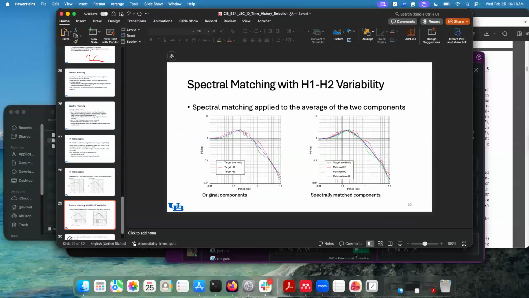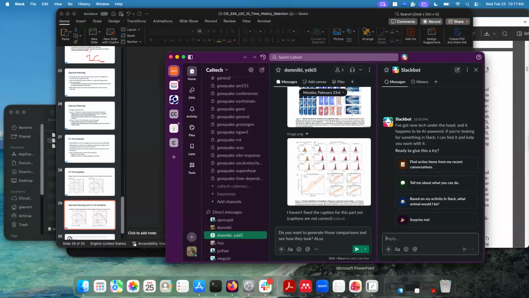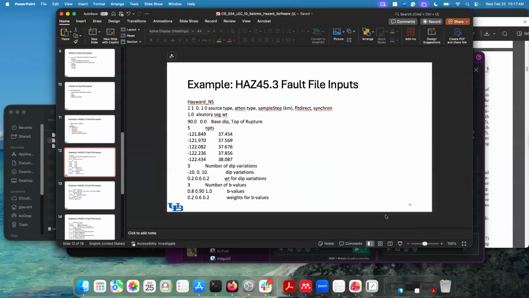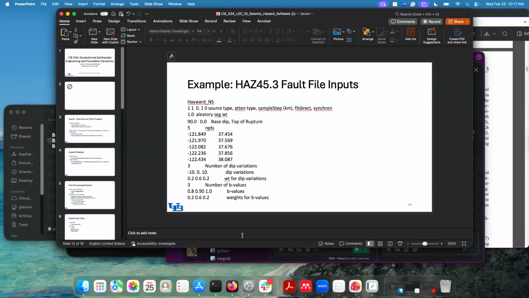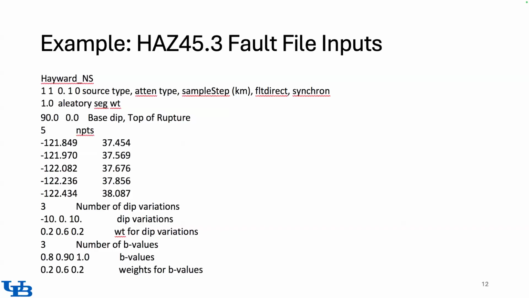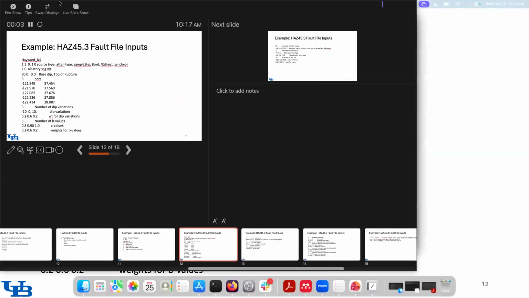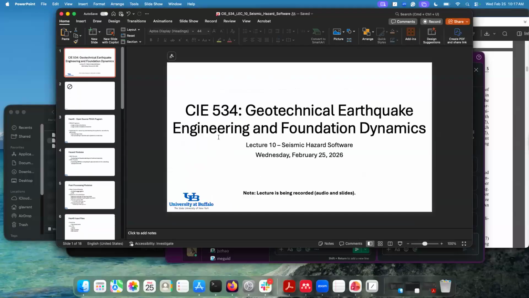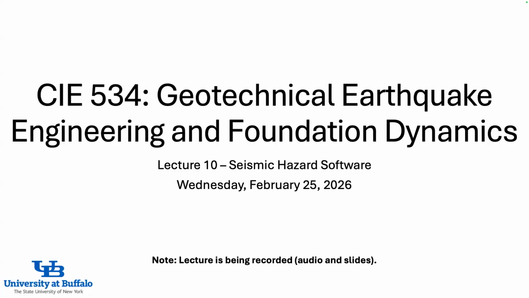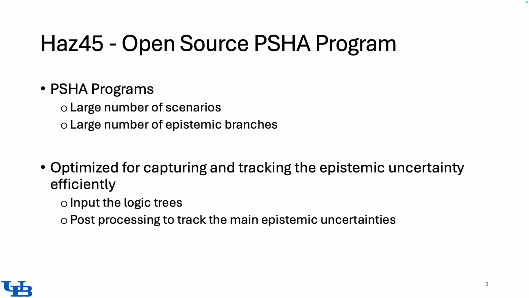we can also go through the second part, which is the PSHA software. So in the second assignment, I think the third problem, I will ask you to run HAZ45, an open source PSHA software that you can use to perform probabilistic seismic hazard analysis.